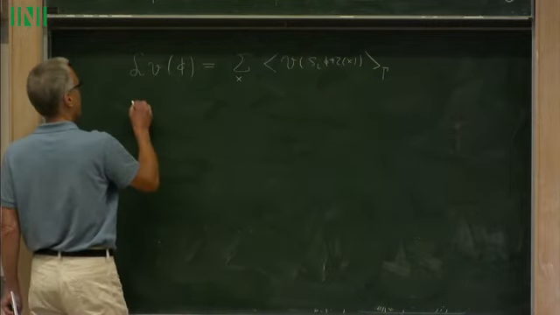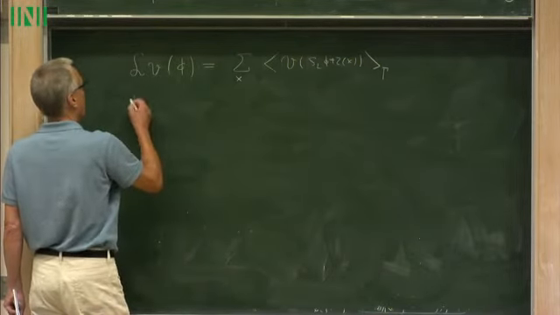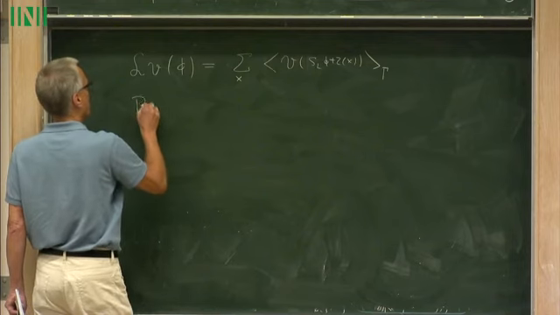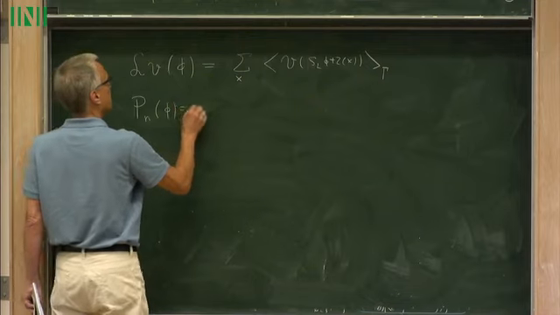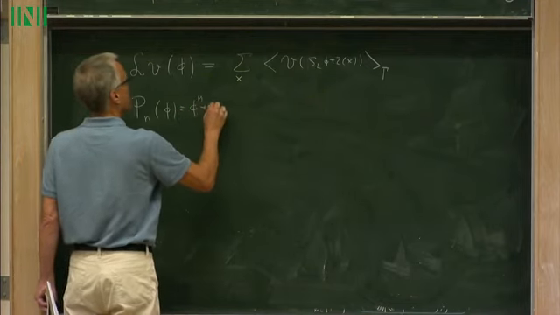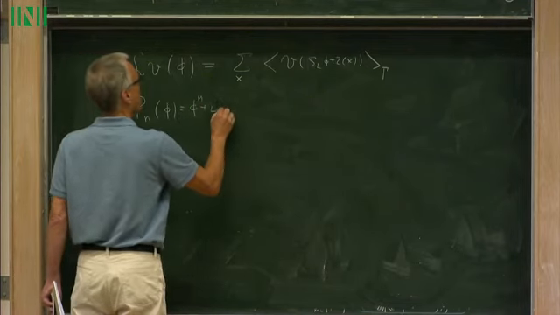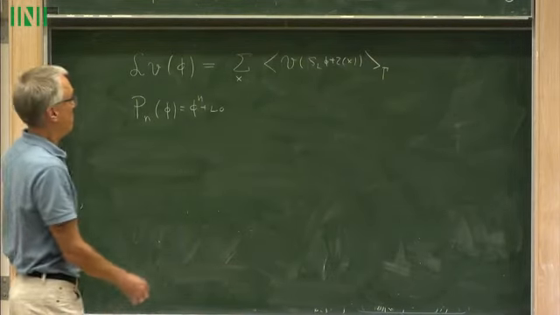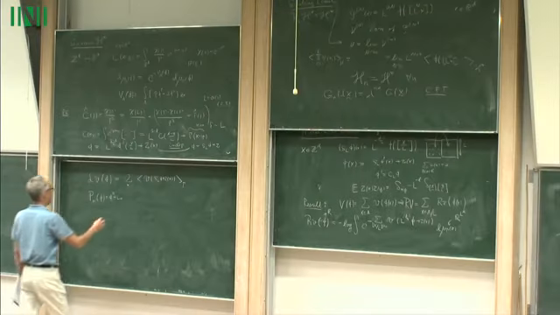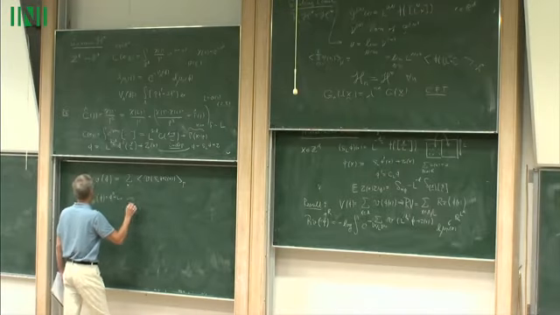Namely, if I take a polynomial of nth degree plus lower order, then obviously this map is going to map it to a similar polynomial.